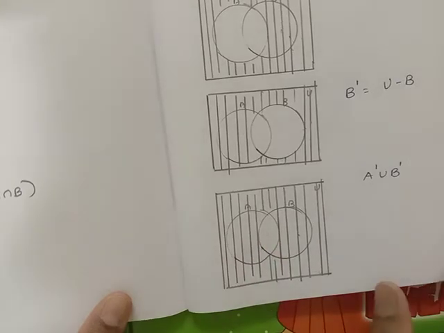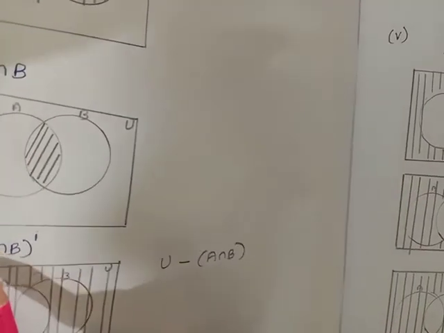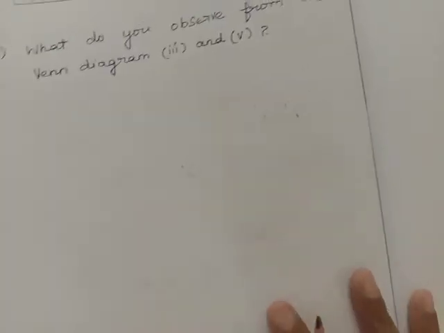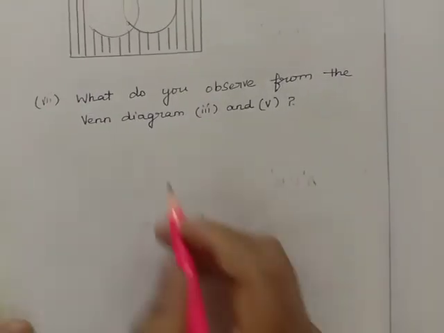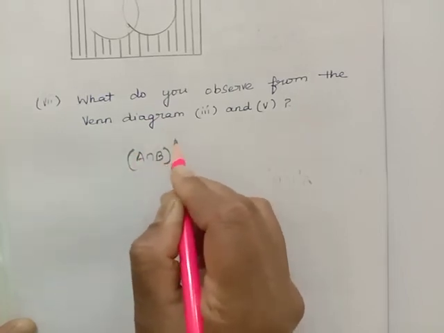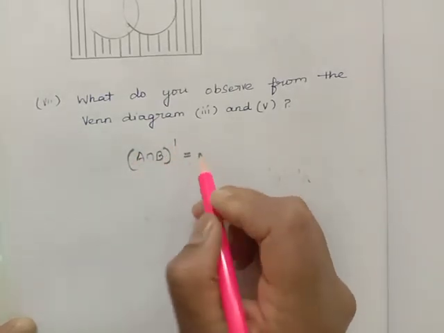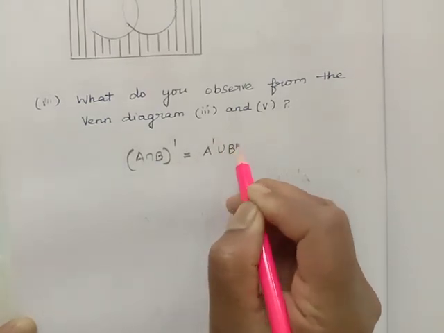So both are equal. In the third question, this is (A intersection B) dash. So we can observe that the diagram of (A intersection B) dash is equal to A dash union B dash.